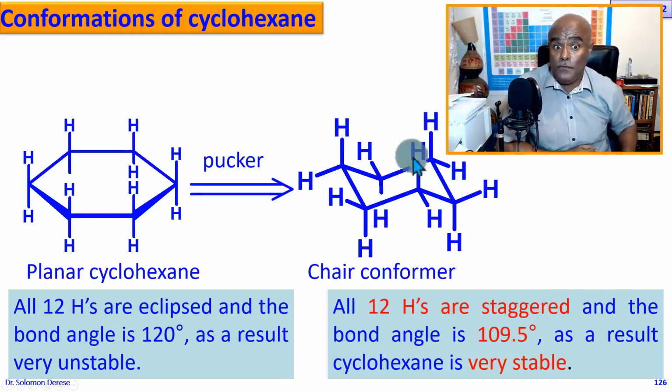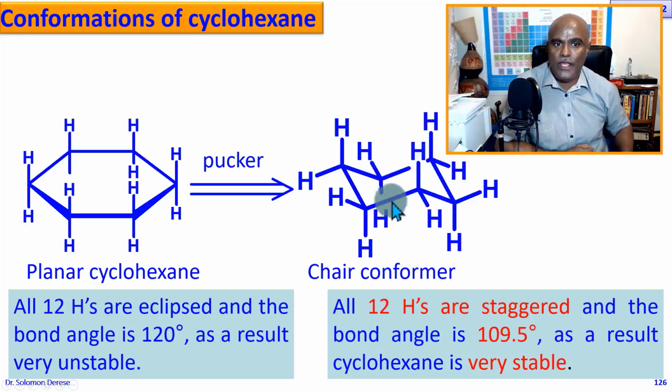So let me further demonstrate to you. This is indeed a chair conformer. From the way it looks, you may not see that this is a chair. Let me demonstrate to you so that you are convinced this is actually a chair. I've managed to convince you that the puckered conformation of cyclobutane is a butterfly and that of cyclopentane is an envelope.